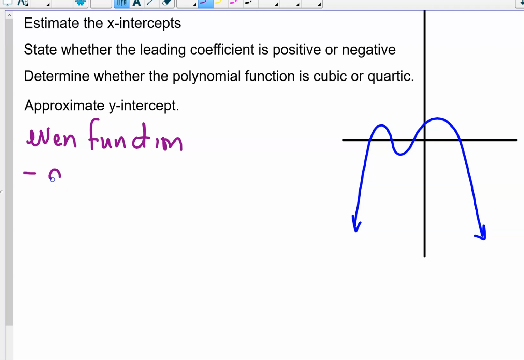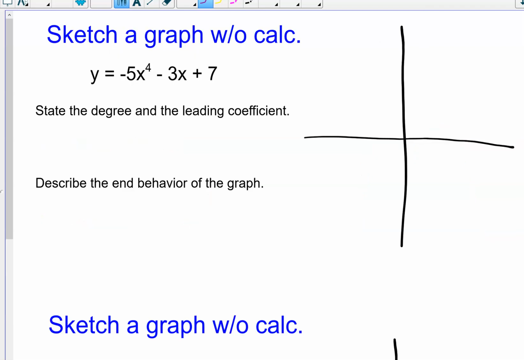I would say it's a -a because the ends are going down, not up. There are 3 turns, so this is going to be an x to the 4th, quartic. And that's all I'm going to do on this one, just making sure that you're able to do that. Let's move to the next one.